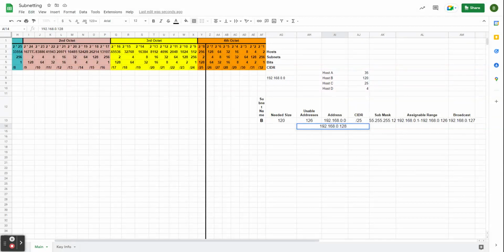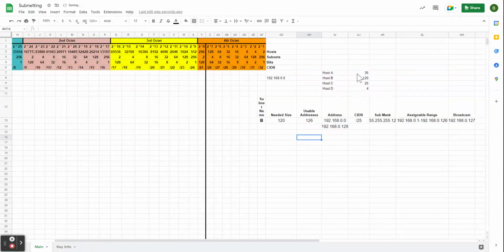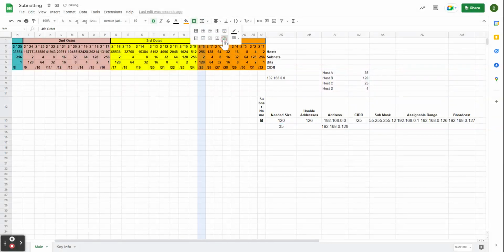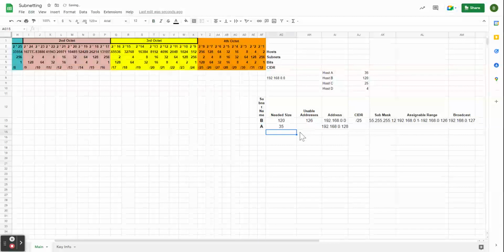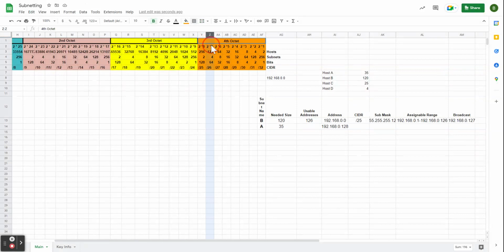Okay. So next number down is this 35 here. So I need 35. Let's just get rid of the line. And it's going to be host A. And here we're going to have to use 64 here because 32 is not enough.